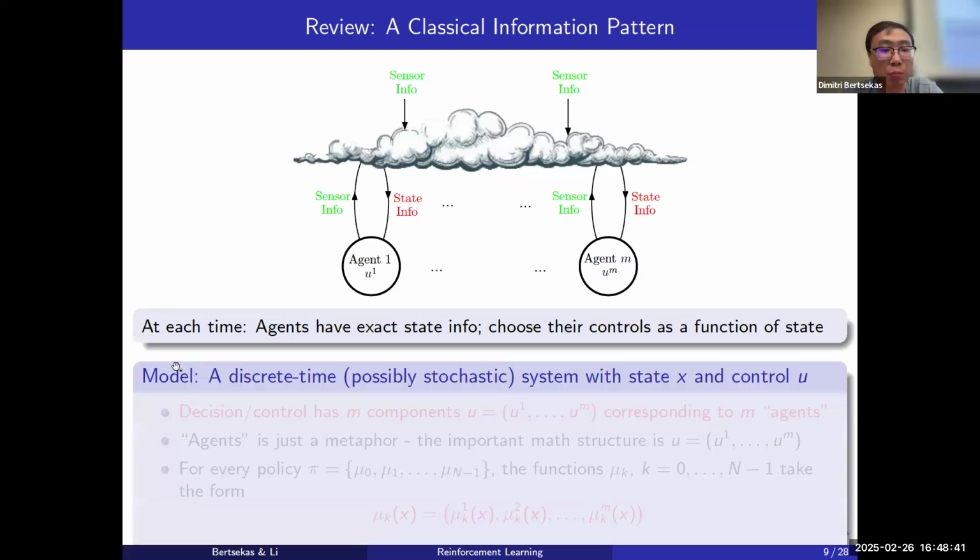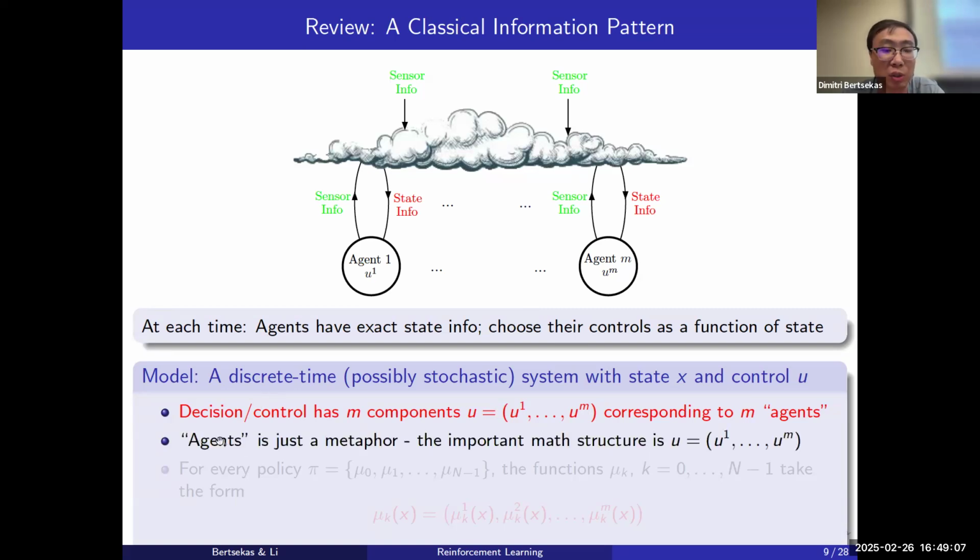As a result, it is suitable to define the problem within the framework of dynamic programming that involves the state X. The state X is the information shared by all the agents, and the control U is composed of multiple components, and each component corresponds to the control of a particular agent. As mentioned in the preceding lecture, the agent is just a metaphor, and the important thing is this control structure.